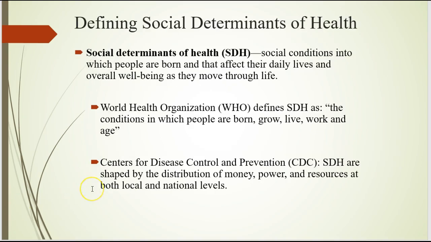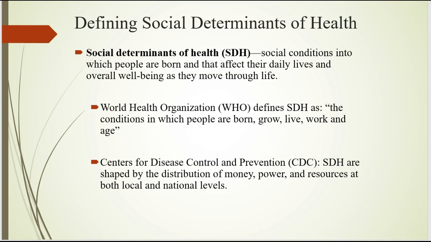Now, in the next slide, again, just providing an overview of what social determinants of health are. Again, they're the social conditions into which people are born and that affect their daily lives and overall well-being as they move through life. We already defined it here, the definition by the CDC, as well as the definition by WHO, or the World Health Organization.